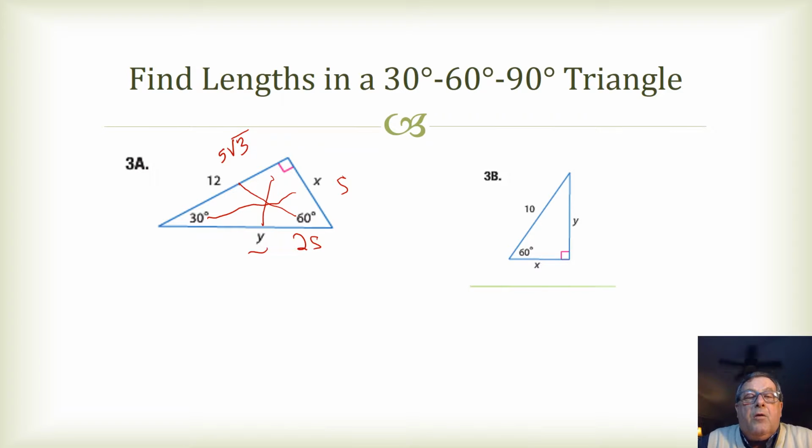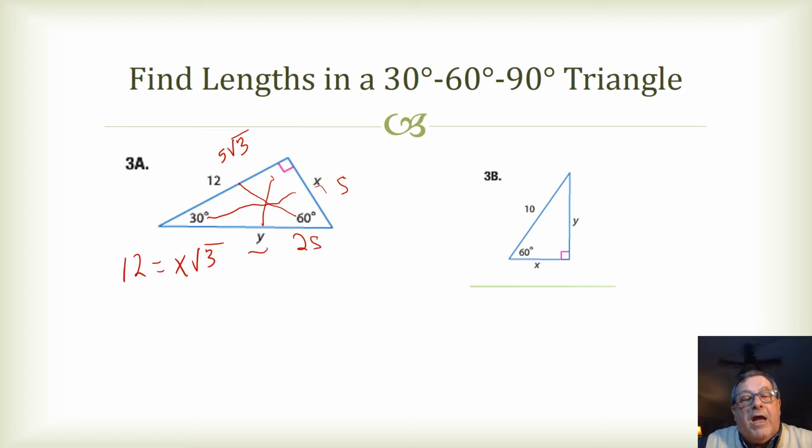So if we know the length of the longer leg, and it's defined as S square root of 3, and it's also 12, and that S also corresponds to X, we can find X by setting this equation up: 12 equals X, and we'll substitute X for S, times the square root of 3.